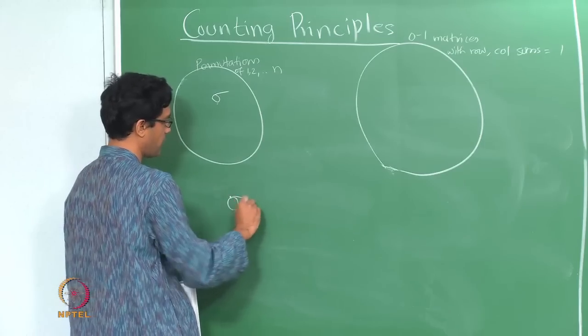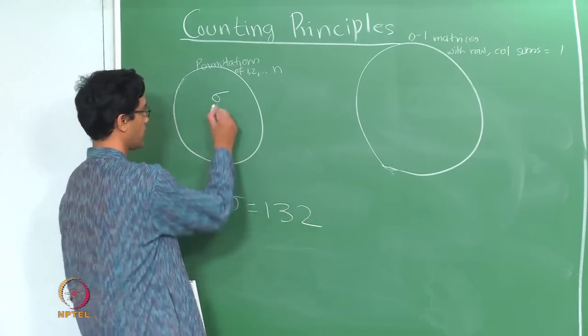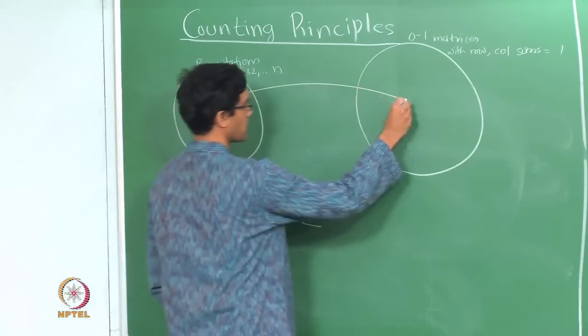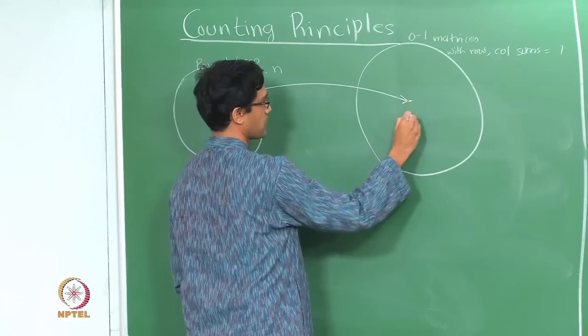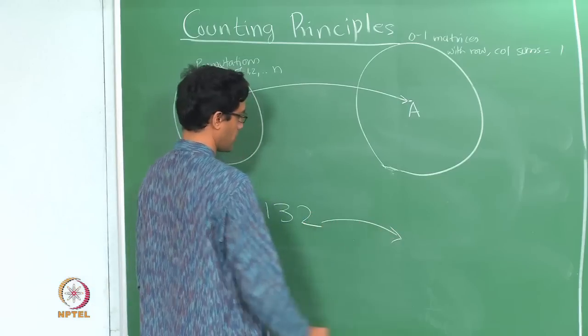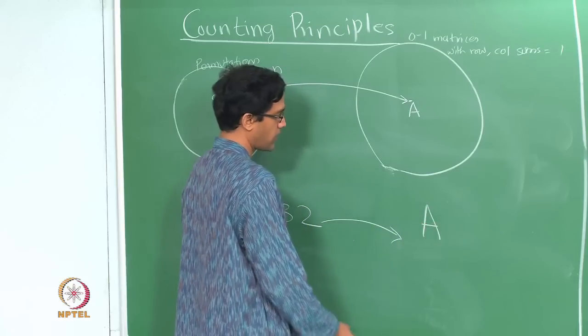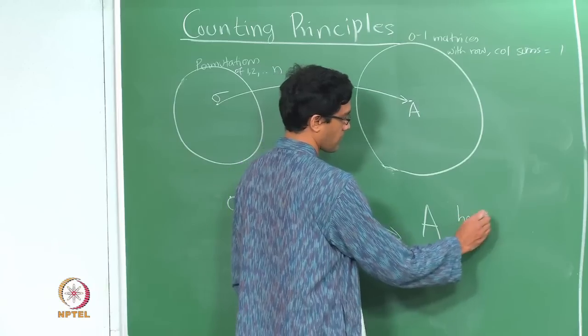For instance, sigma could be the permutation 1, 3, 2 if you are taking n equals 3, and corresponding to the sigma what you are doing is associating to it a matrix here. Let us call this matrix A.